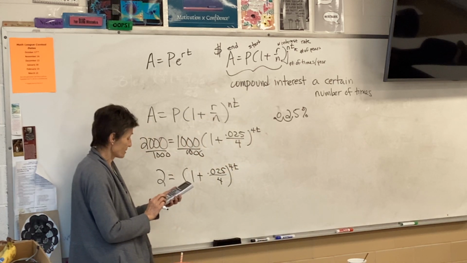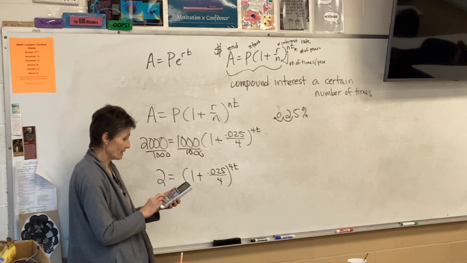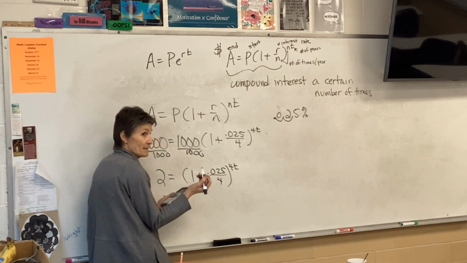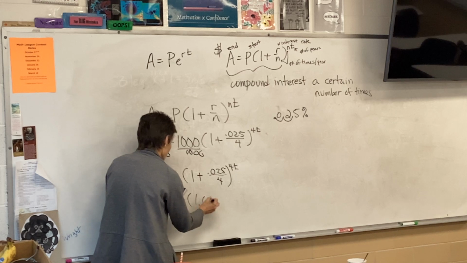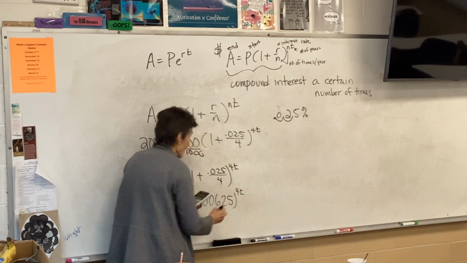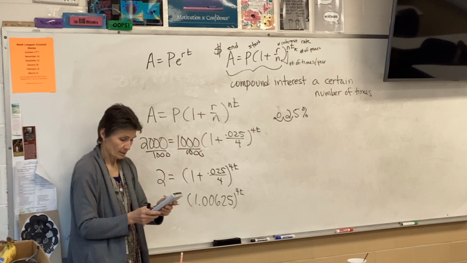One plus 0.025 divided by 4 is 1.00625. I don't know if this makes it better or worse, but at least now we don't have a fraction to panic you.